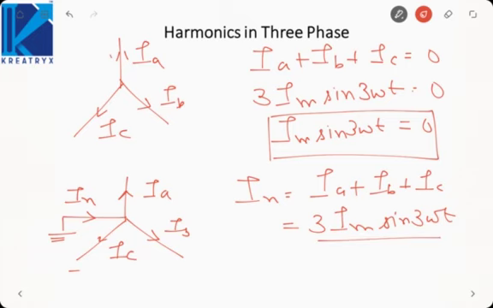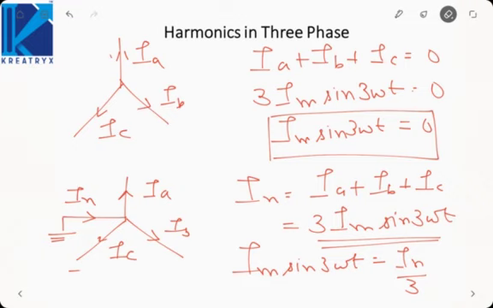Now it does not need to be 0. It is equal to neutral current. So third harmonic Im sine 3 omega t will be equal to neutral current by 3. So in case the neutral is connected to the ground, the third harmonic is non-zero in case of three-phase transformer star connection. What about delta connection?